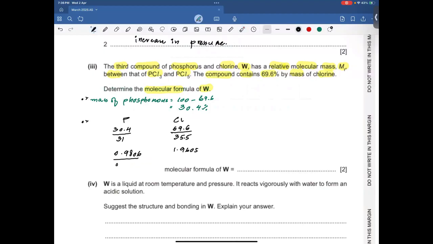Now 0.98 is basically the least amount. To get the simplest ratio, divide this value from both the elements. So it's going to be 1 divided by 0.9806. It's going to be 1.999. And that means it's going to be 2. All right. So we have one phosphorus and we have two chlorine. So the empirical formula for this compound is PCl2.